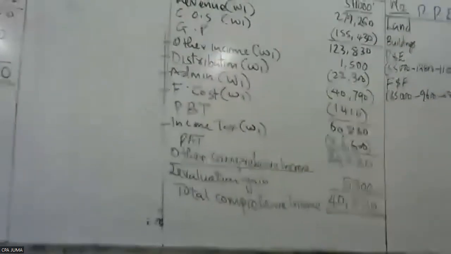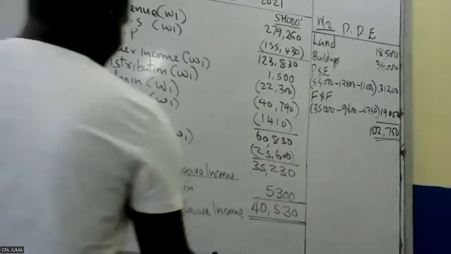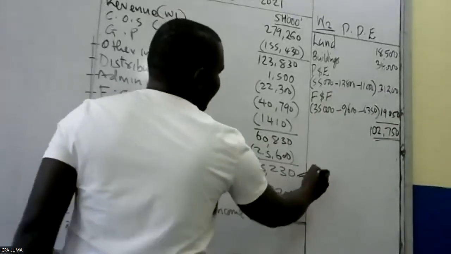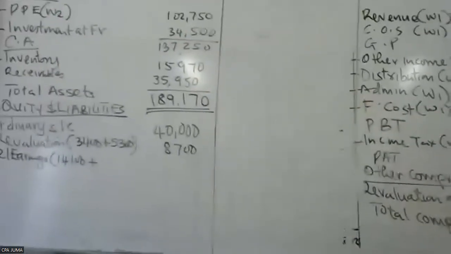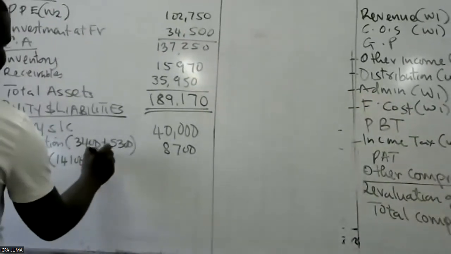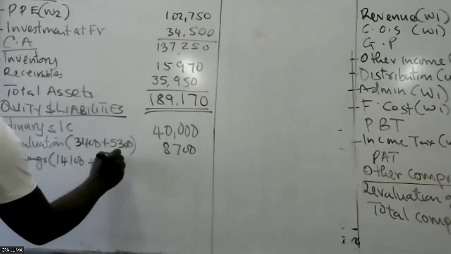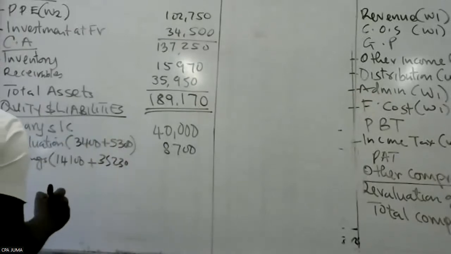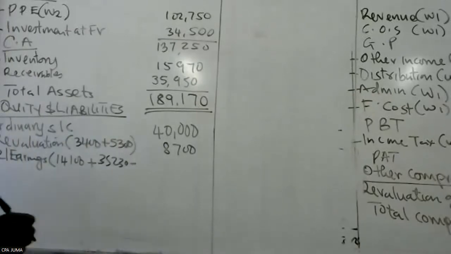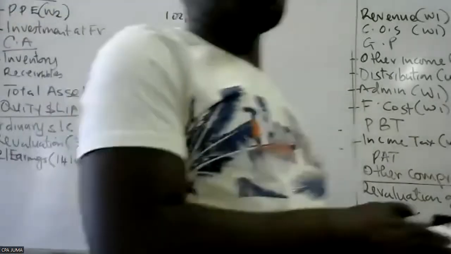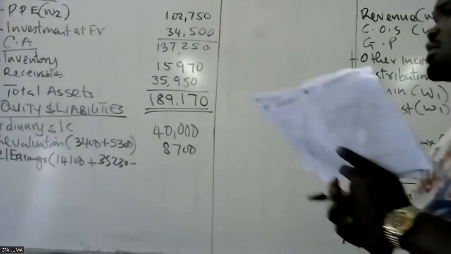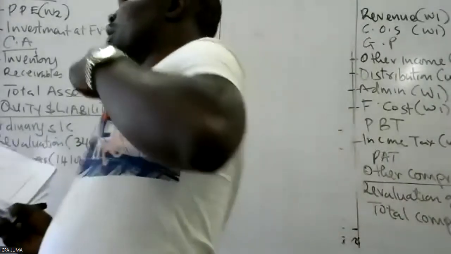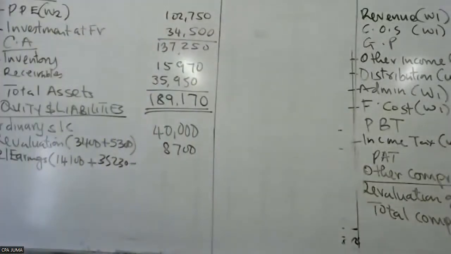Here, the profit for the year, this one. Don't pick revaluation, pick this one. The PAT. So PAT is 35 to 30 minus. Not the last note, check the last additional information. The last additional information. What did they say?